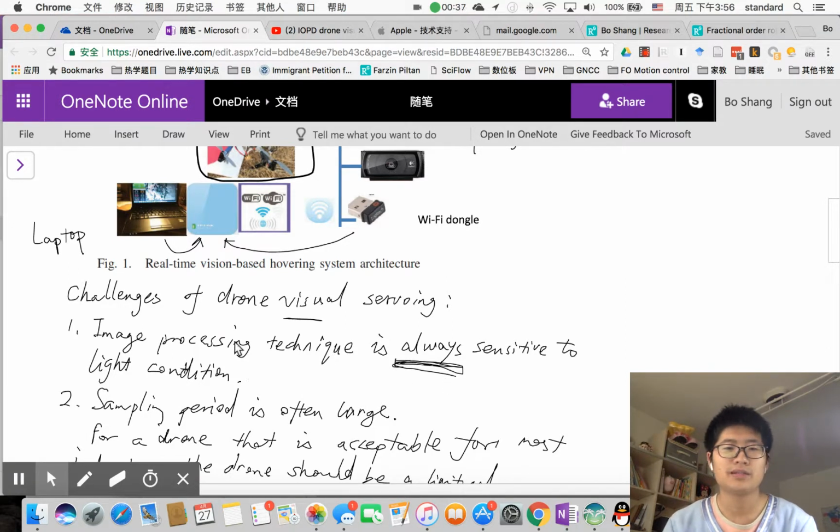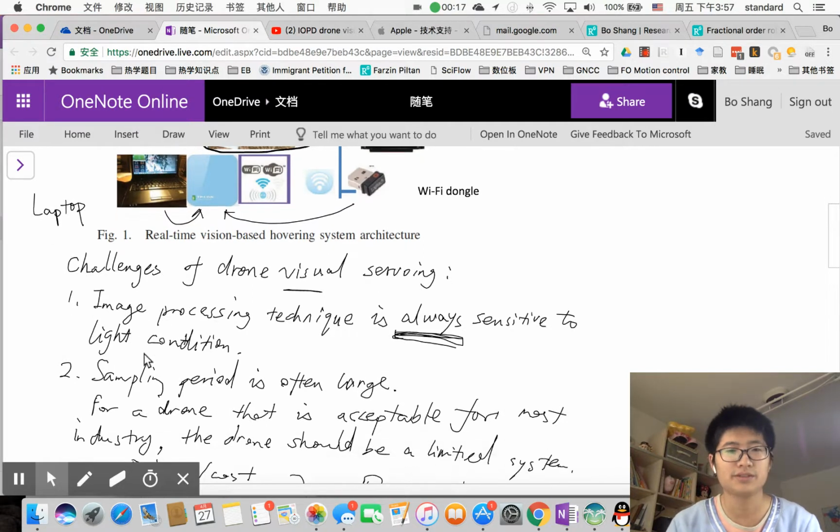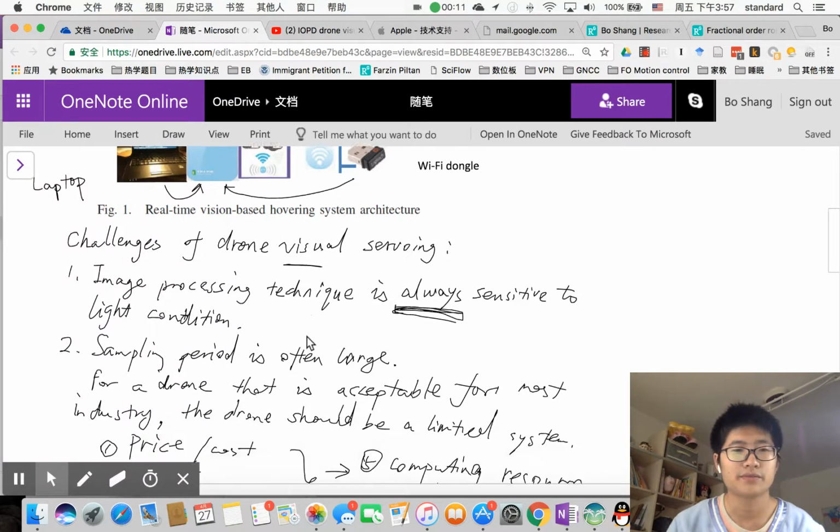The image processing technique can work in some restricted area, but if we want to detect and follow something in real sunlight, it is really difficult, and we often lose the target. So this is the first challenge for drone visual servoing, especially when we do something outside.